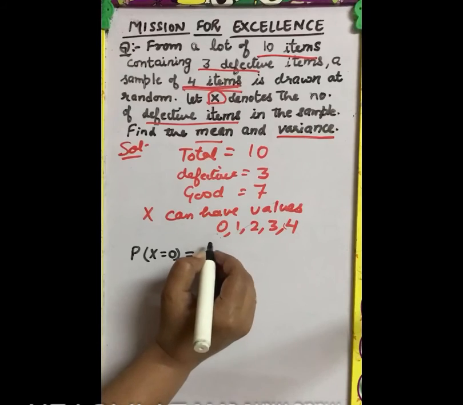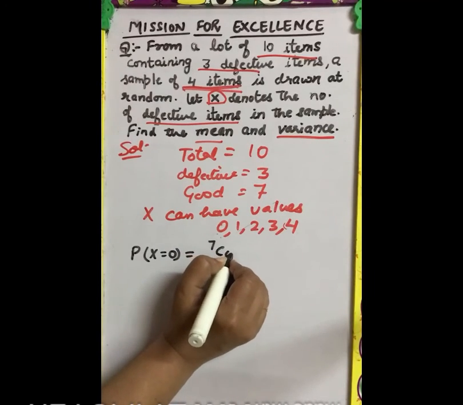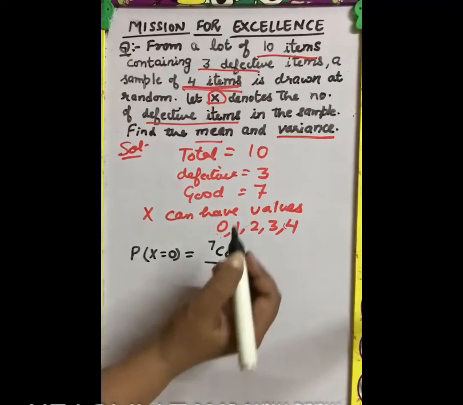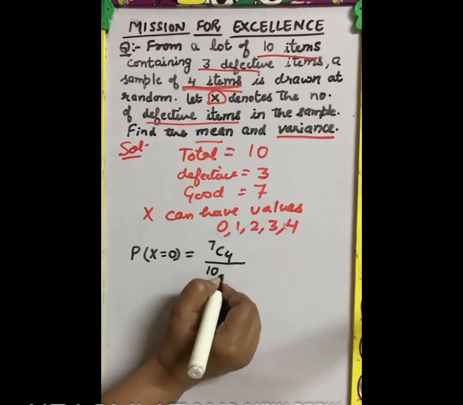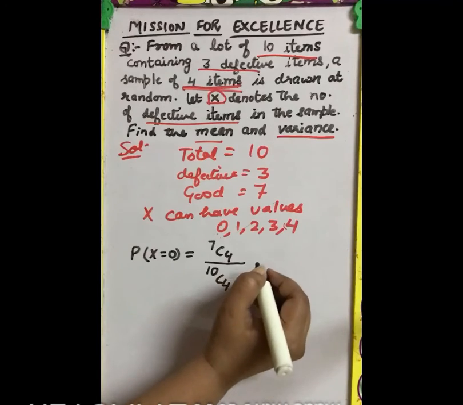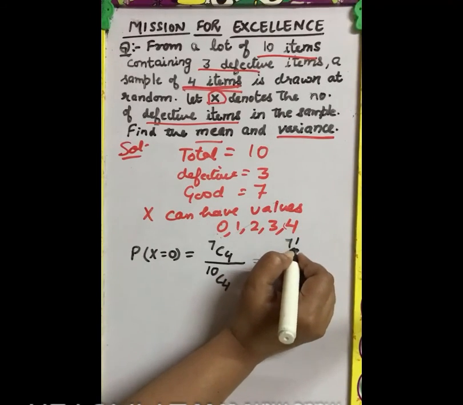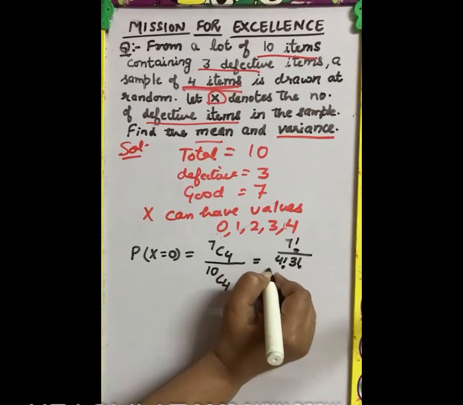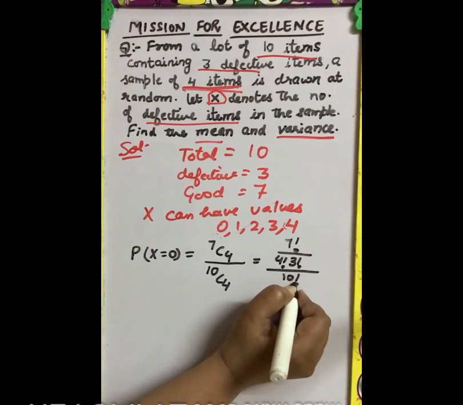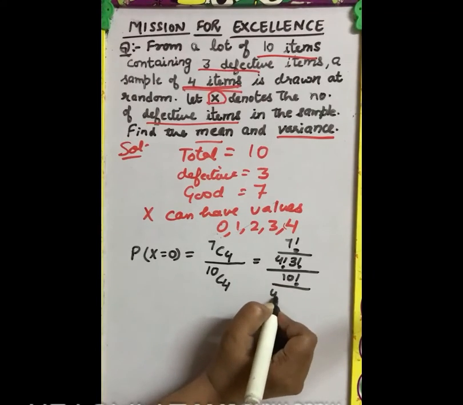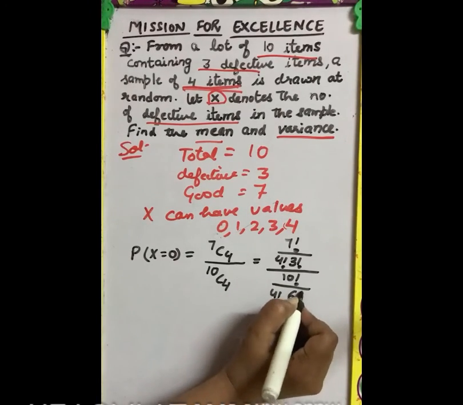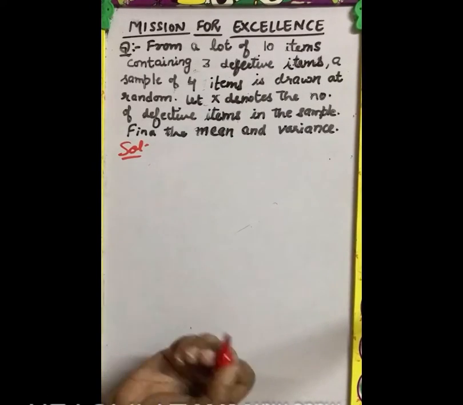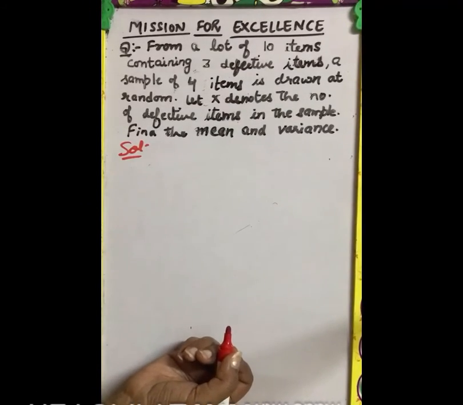So we write here 7C4. This is the favorable case. Probability means favorable upon total, so out of a total of 10 we have to draw 4. When you calculate it, 7 factorial over 4 factorial 3 factorial, divided by 10 factorial over 4 factorial 6 factorial, where 10 minus 4 is 6.